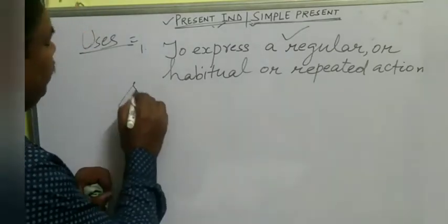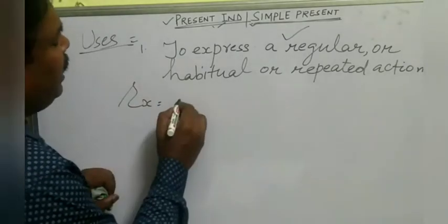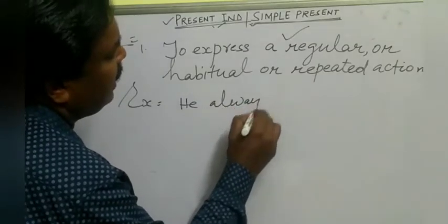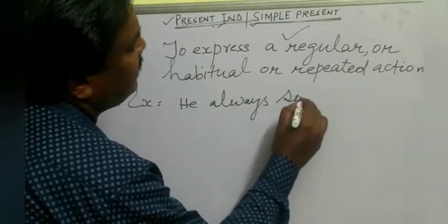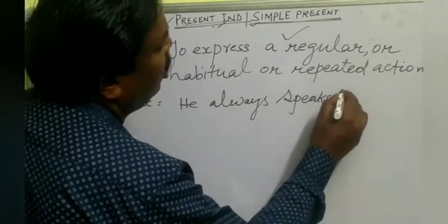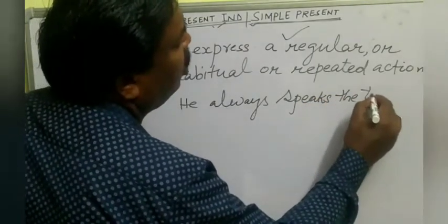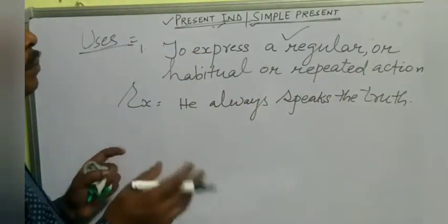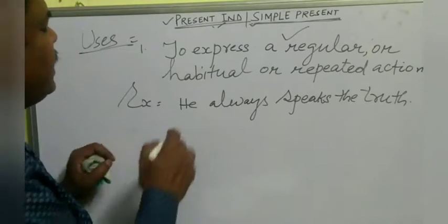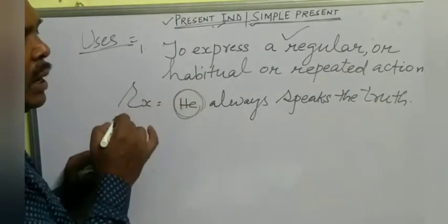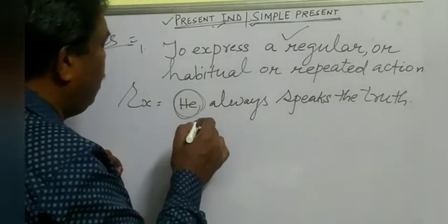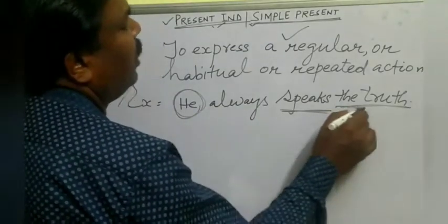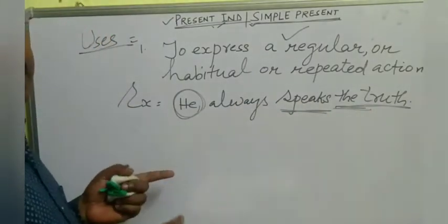Example: he always speaks the truth. So what is the meaning of this sentence? That means he is a person and his action of speaking the truth is done always.